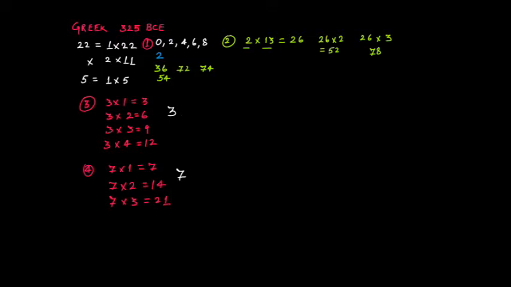And then the last point, that is point number 5: for any number to be divisible by 5, it should have either 0 or 5 at the units place.